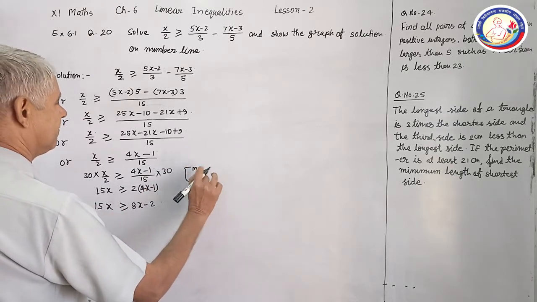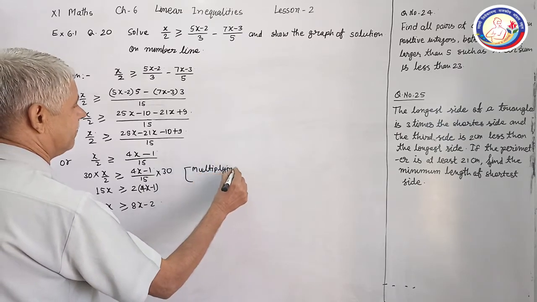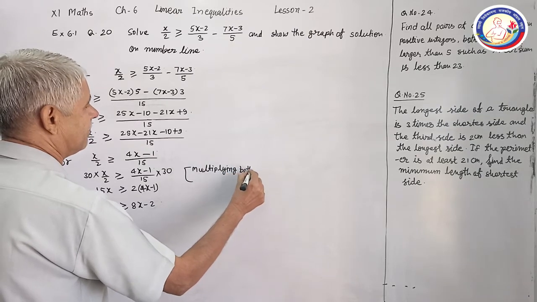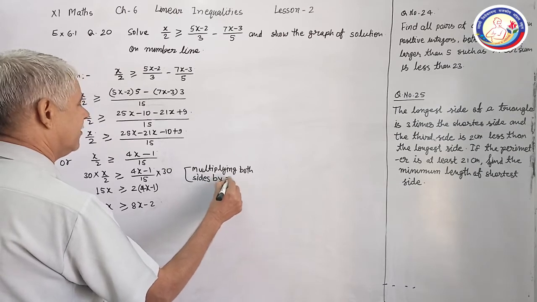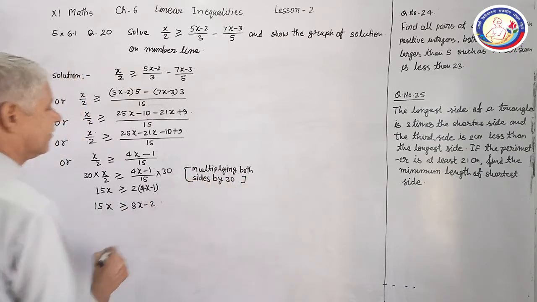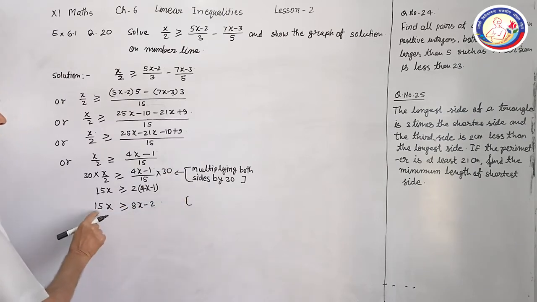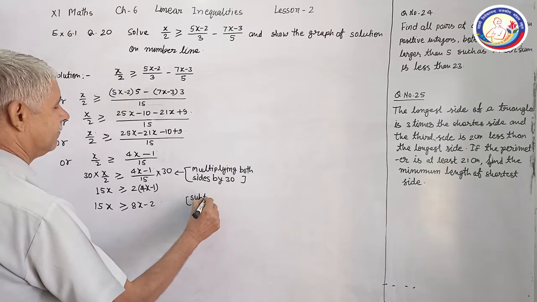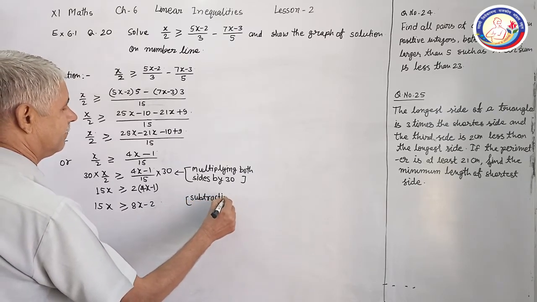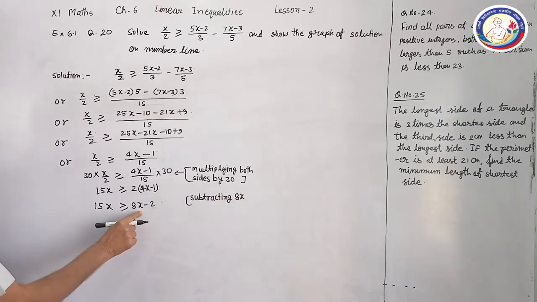Now subtracting 8x from both sides, because we want to remove 8x from the right hand side.